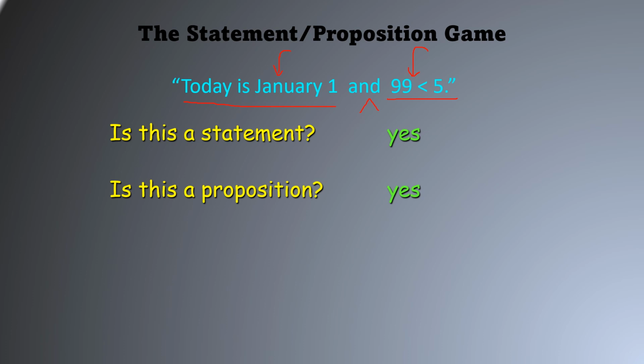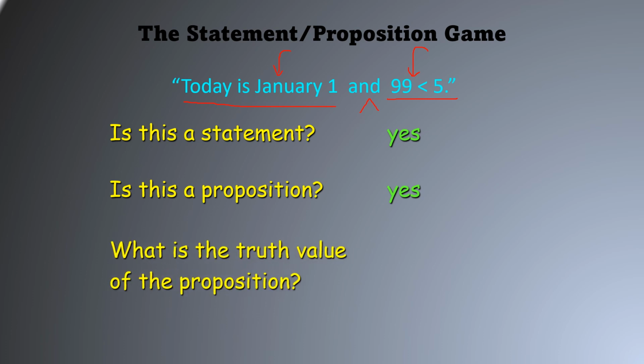So meaning to say this one was considered as a proposition because the entire statement is a false statement. Now, what is the truth value of the proposition? So it is false because the entire statement is a false statement.